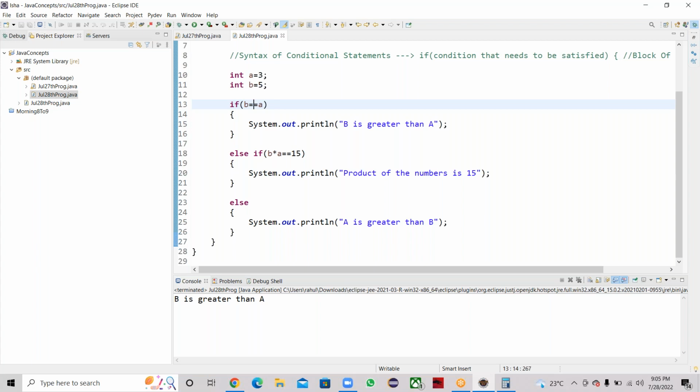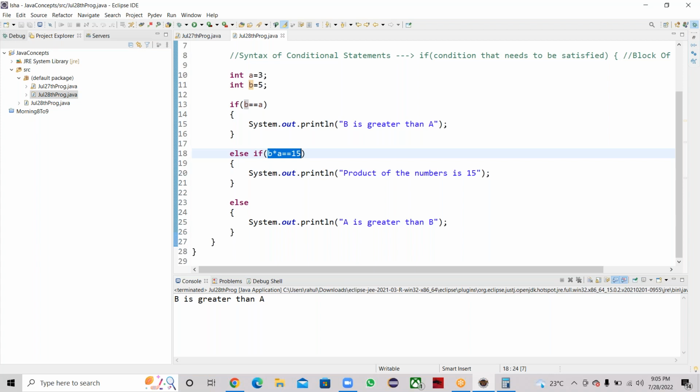How about others? The same answer? No, I didn't understand this, sir. Okay. Can you tell me whether this condition is satisfied or not? No, the condition is not satisfied. Now the condition is not satisfied, so what will happen is we check whether the next condition is satisfied or not, right, Haripriya?